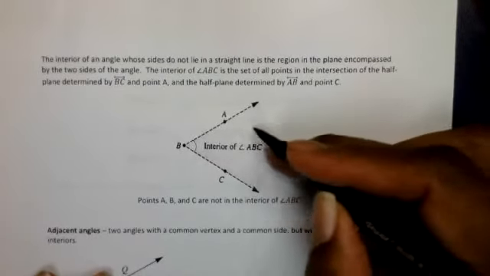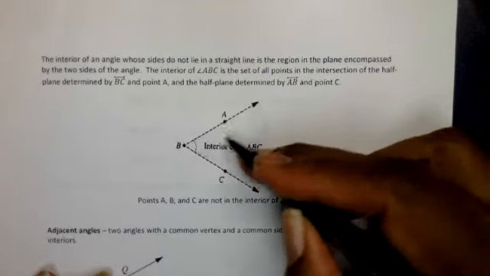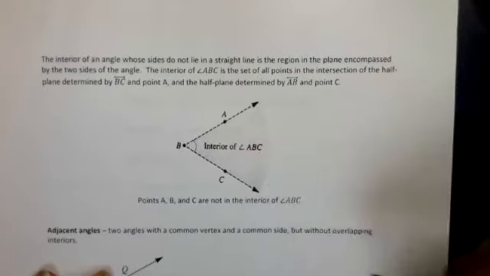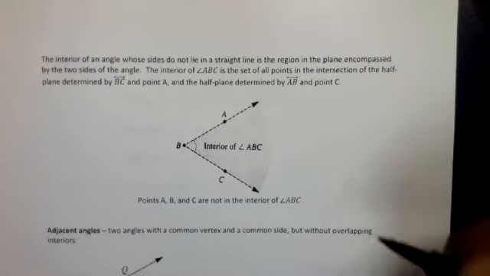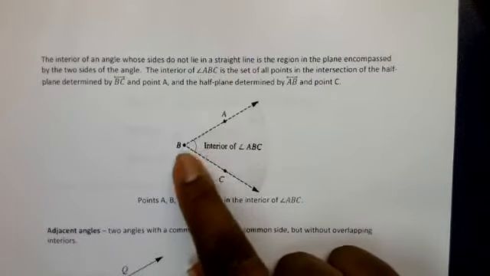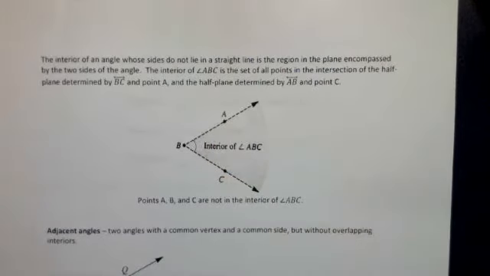The space on the inside of those two rays represents the interior of angle ABC. Now keep in mind that points A, B, and C are not in the interior of angle ABC. Those are points on the angle. They're not on the inside.